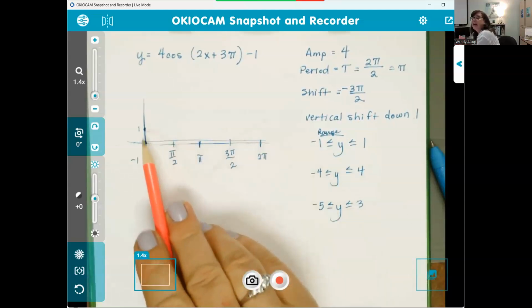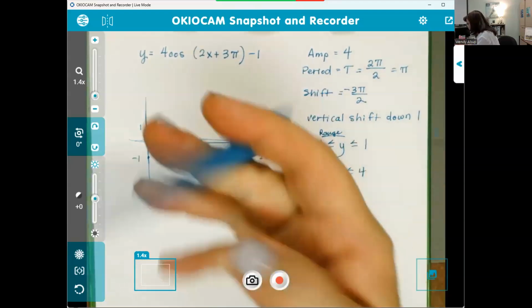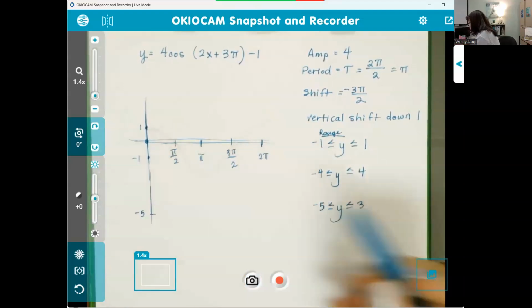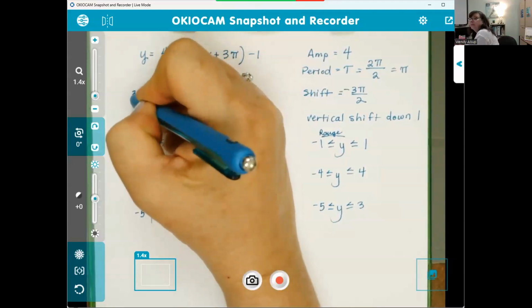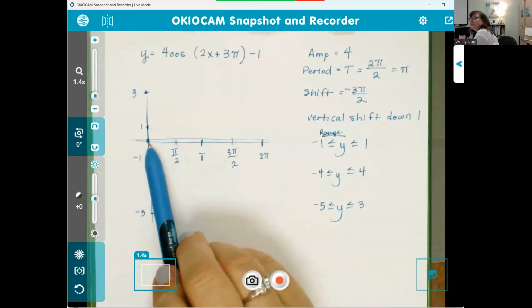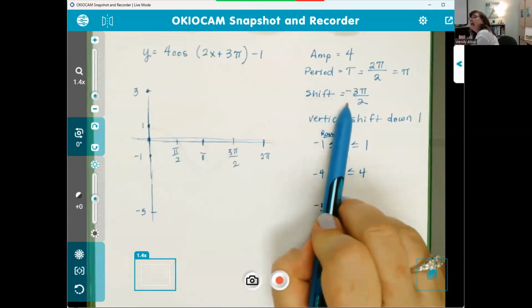Ours, instead of -1 to 1, is going to go all the way down to -5. So I'm going to draw down here, -5, and all the way up to +3. So we've got a much larger range. It normally starts at 0. I am shifting it left 3 pi over 2.